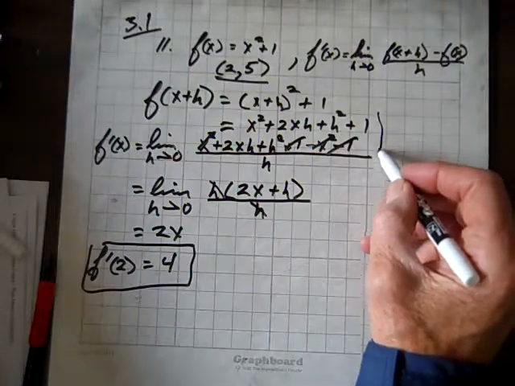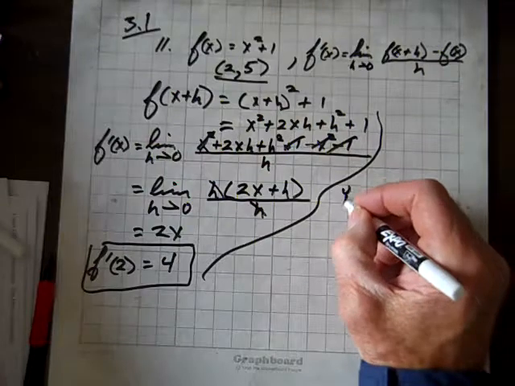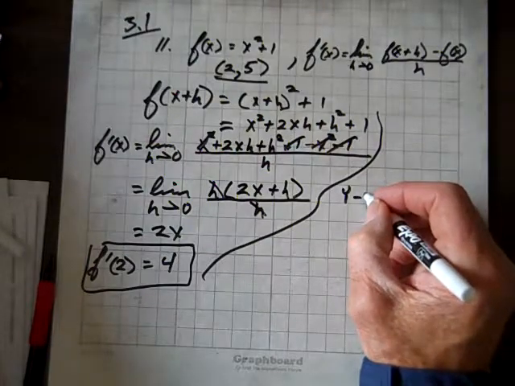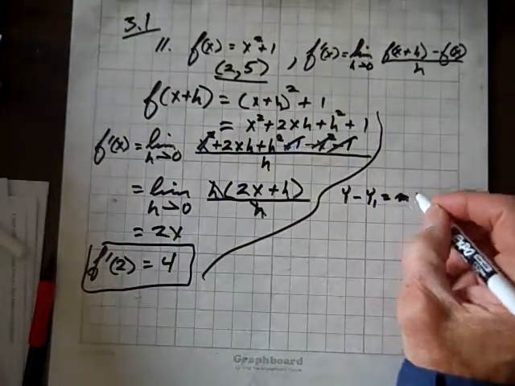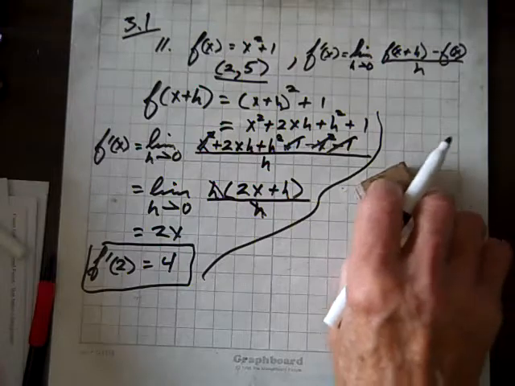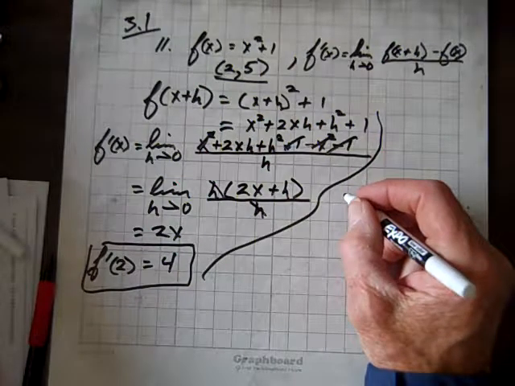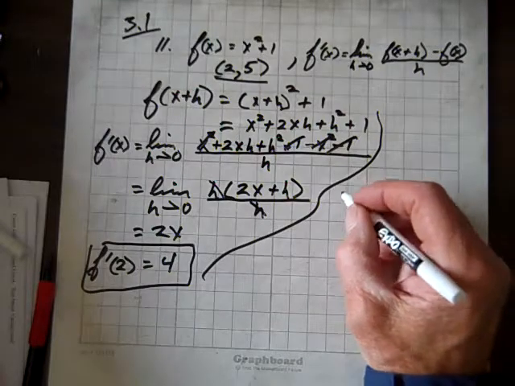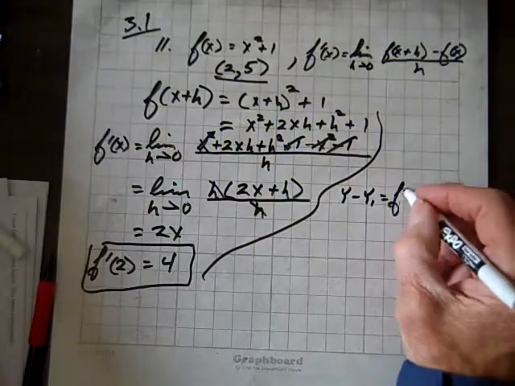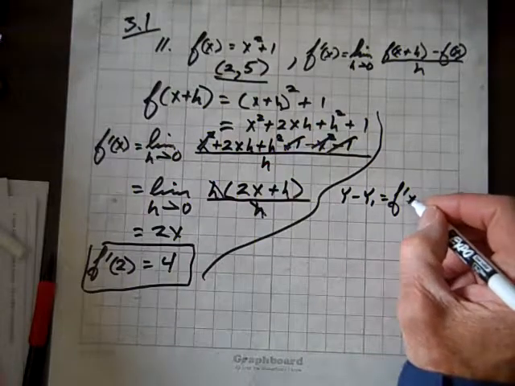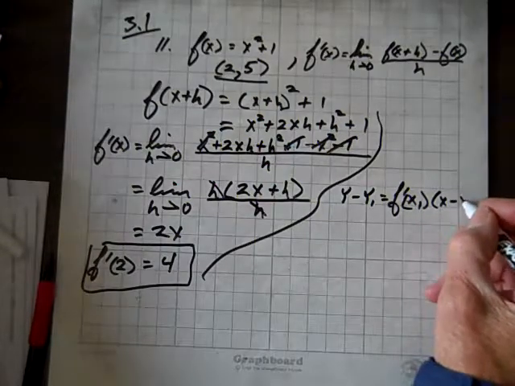Now we have to come up with the equation of the tangent line, and we'll use the point-slope form of the line, which is y minus y sub 1 equals m. I'll do it in terms of y: y minus y sub 1 equals f prime of x sub 1 times x minus x sub 1.